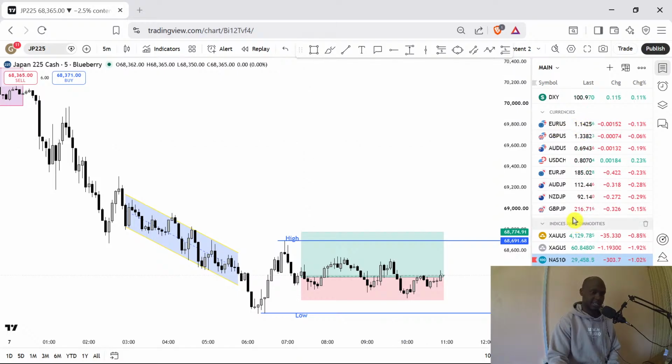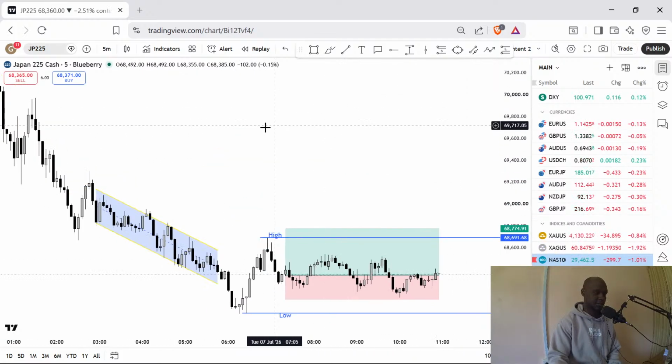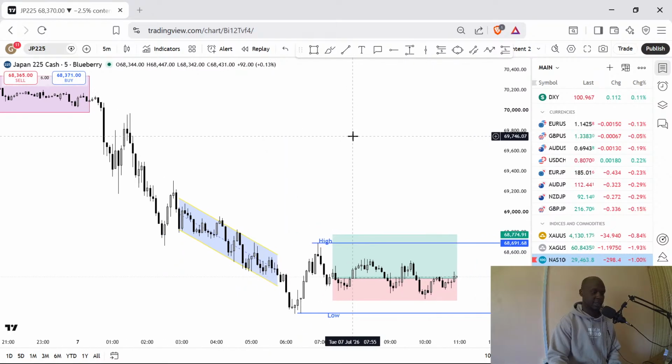As I said, for today, I do not see any opportunities on all the currency pairs, and the only opportunities were on NAS 100 and on the JP225, and I ended up getting an entry on the JP225. The NAS did not present me with the entry, so my entry was on JP225, and I'm really comfortable with that, even if it ends up being a loss.